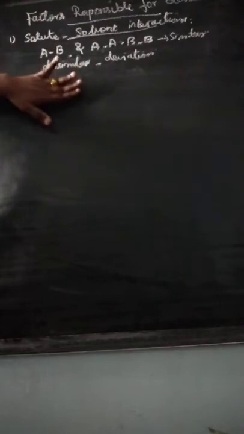If these interactions are dissimilar, there is a deviation from ideal behavior. Understand? So the first factor is solute-solvent interaction. Here the solute and solvent interactions A-B and A-A, B-B are similar. Suppose these interactions are dissimilar, there is a deviation from ideal behavior.